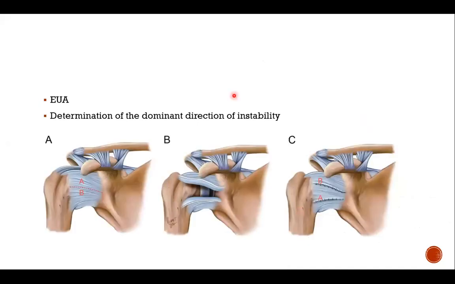So examination is done under anesthesia, determining the dominant direction of instability, anterior, posterior, or inferior, and the patient is positioned for the deltopectoral approach. The conjoint tendon is exposed, and an incision is made between the upper two-thirds and lower one-third of the subscapularis, along the line.